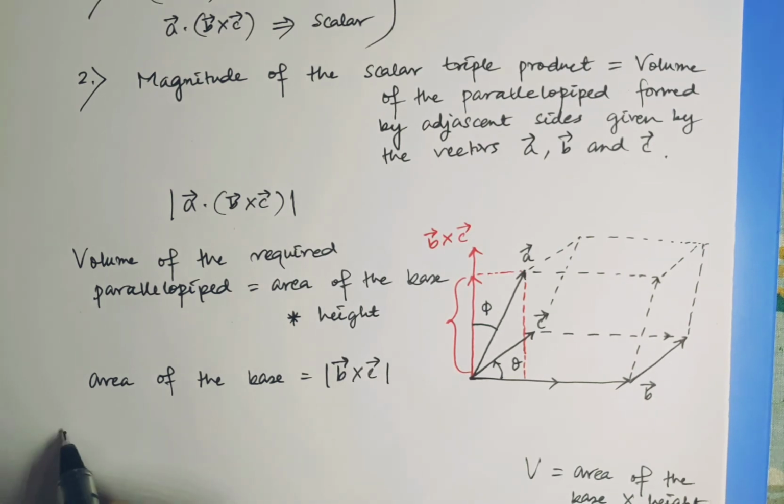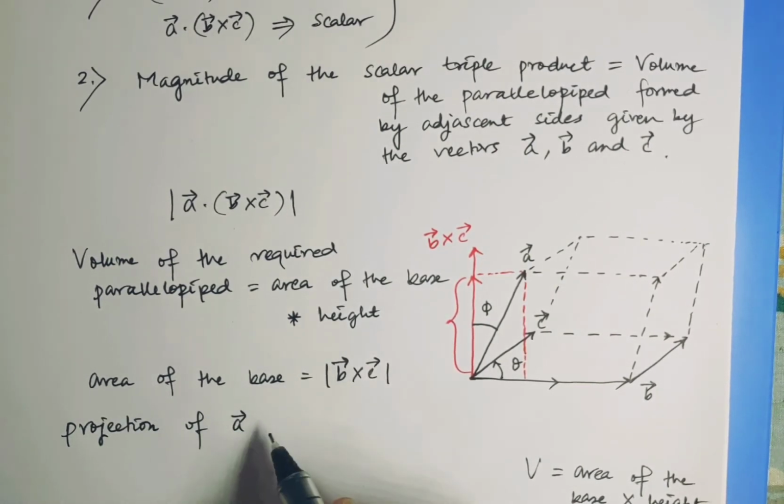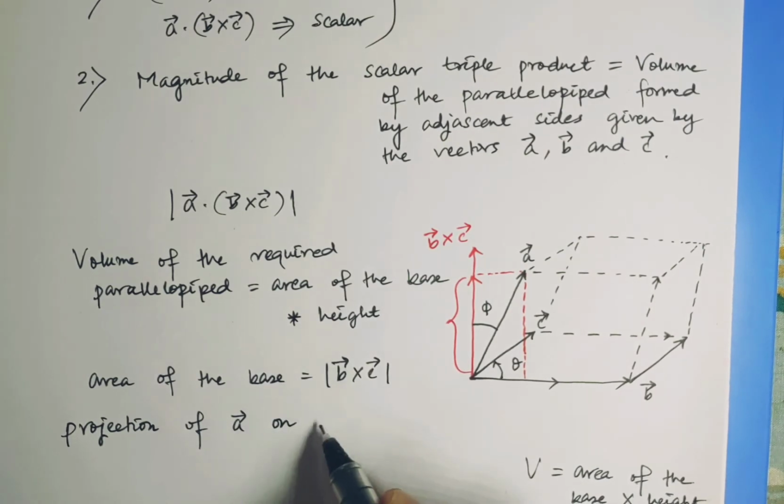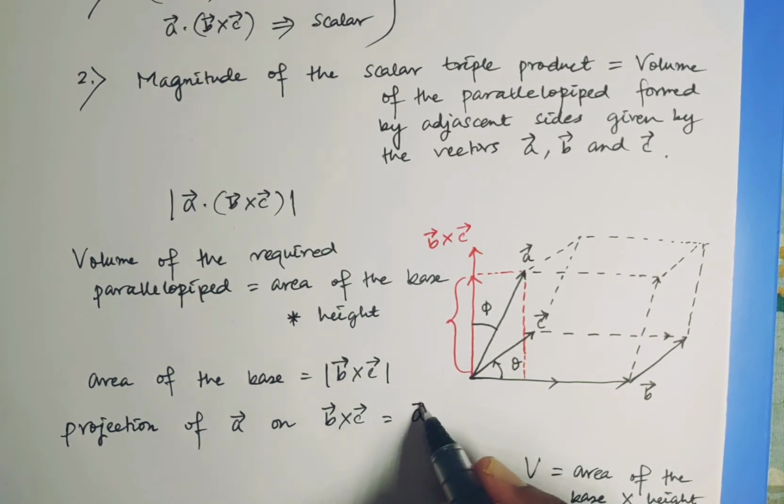So let us find projection of A vector on B cross C. Who can tell me? Any idea? No. So the projection is given by, we have already done this one.